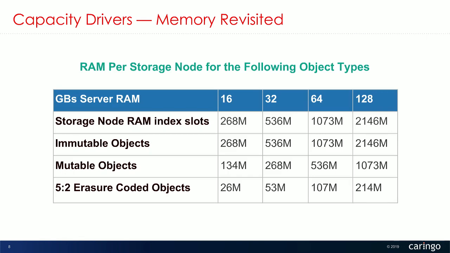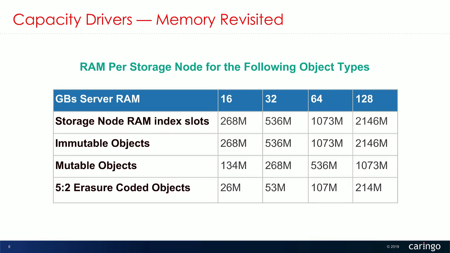Whereas in this case, we're assuming aliases with reps equals two reps in the system. For immutable objects, it's 1 for 1, 268 million. For mutables with aliases, it's 134 because it's a 2-to-1 ratio, and so on.